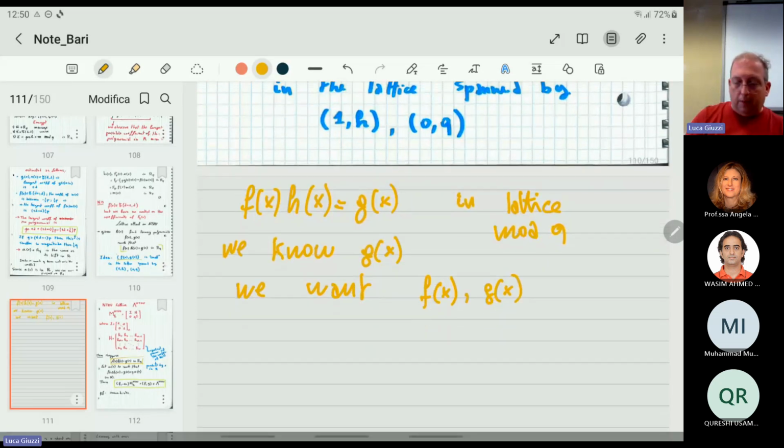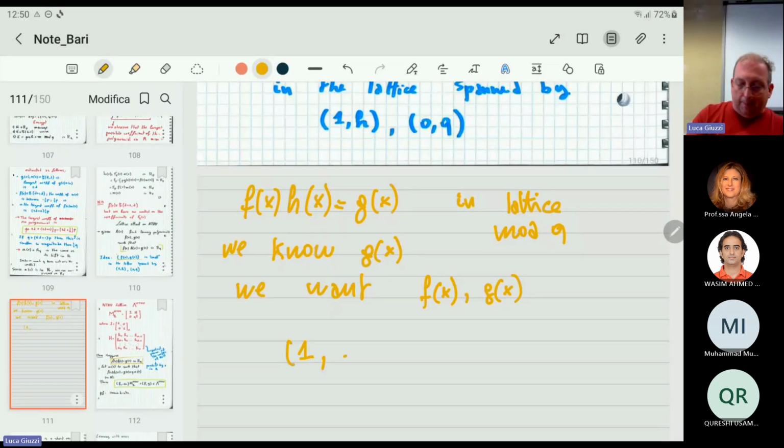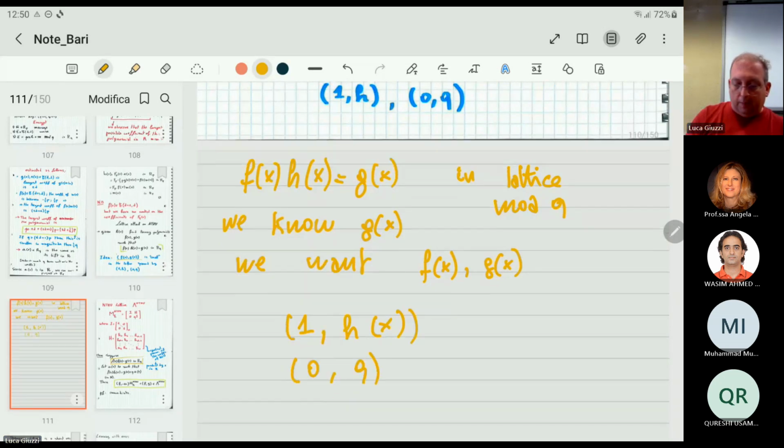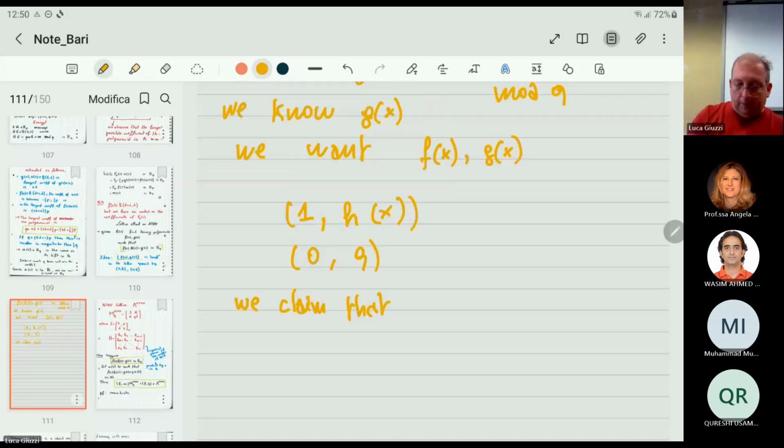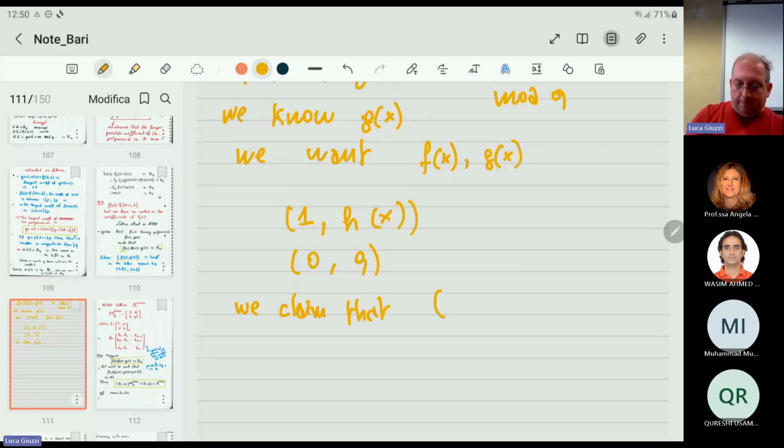These are the unknowns. So we take the lattice spanned by (1, h of x) and (0, q). And we claim that (f of x, g of x) is in this lattice.